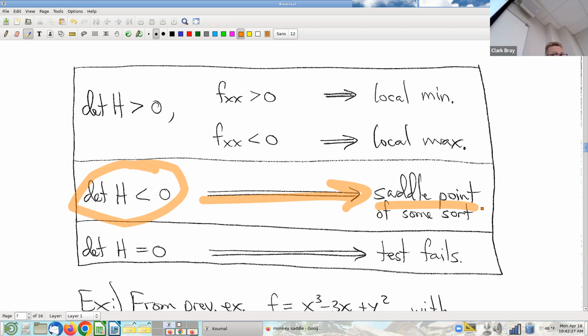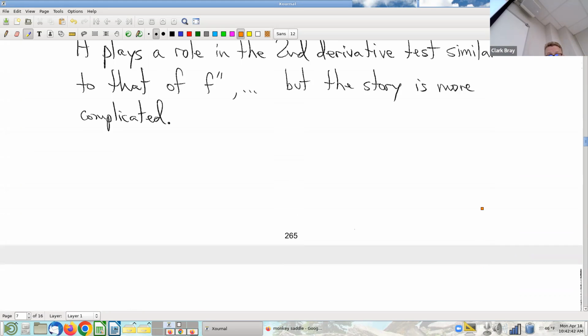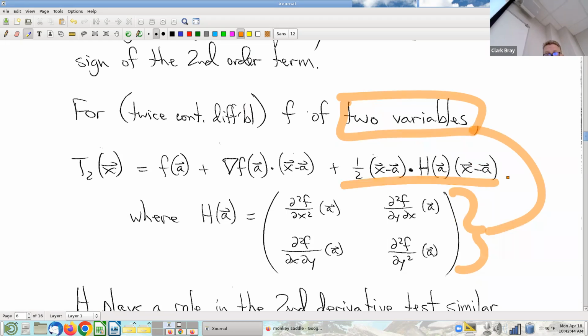If you want to think back to linear algebra class long ago, roughly speaking, what's going on here is you can find a change of basis by which your matrix is diagonal with a positive on one term and a negative on the other term, and that would make this expression something squared minus something else squared, right? And that's clearly neither positive definite nor negative definite.